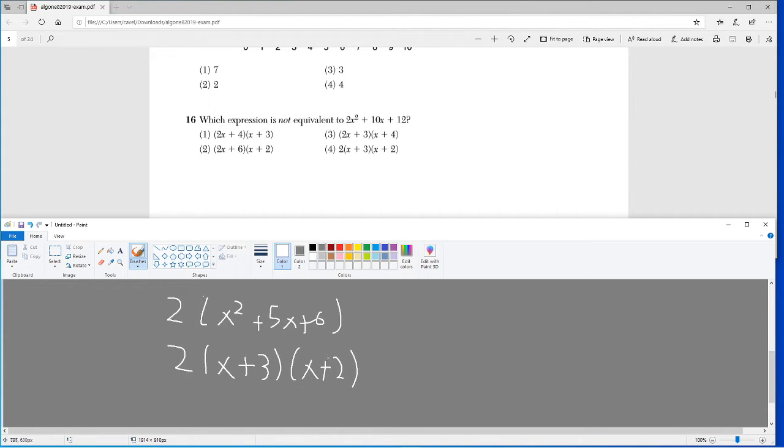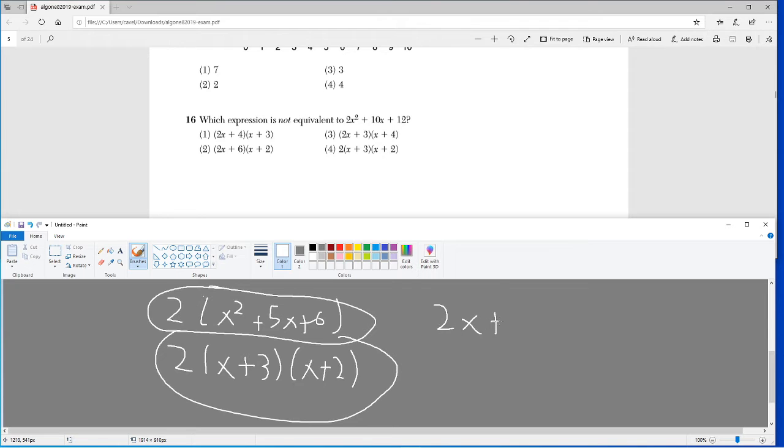So these are the two forms that it can be: 2x plus 4 times x plus 3. So number 1 is good, because if you distribute the 2 to each of these, you can either have 2x plus 6 times x plus 2, or 2x plus 4 times x plus 3. So either or is fine.